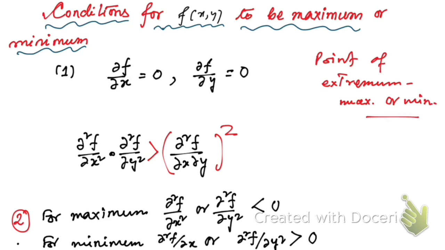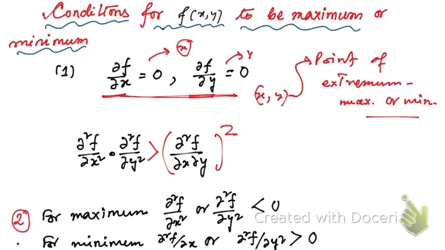Okay, so how do we determine that point of extremum? We need to determine first the partial derivative of f with respect to x and the partial derivative of f with respect to y, and equate these two to 0, and then we're going to get two equations. Then solving these two equations, we're going to get the solution for x and y, and whatever values we get for x and y, that point is going to be the point of extremum.